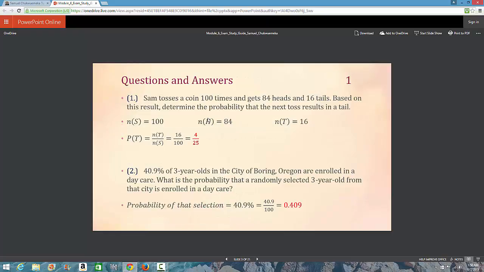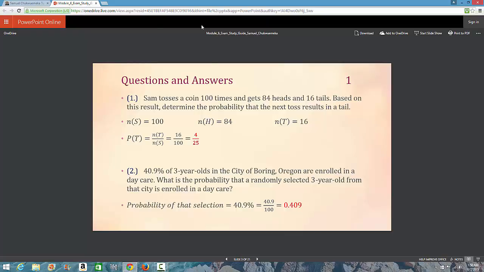Question 1. Sam tosses a coin 100 times and gets 84 heads and 16 tails. Based on this result, determine the probability that the next toss results in a tail.